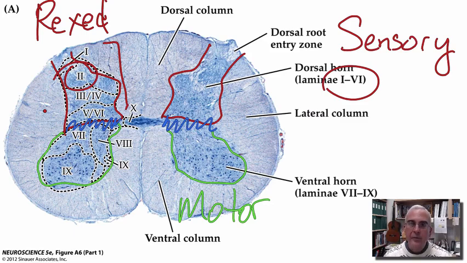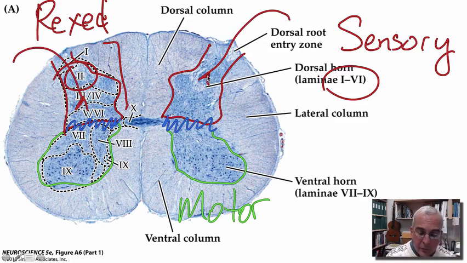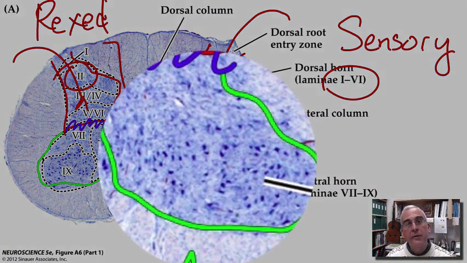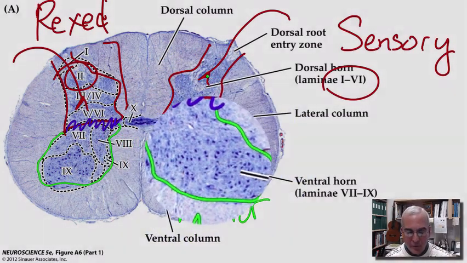For now, I just want you to get the idea that the dorsal horn is gray matter that is receiving incoming sensory signals from nerves that are running in through the dorsal roots and synapsing upon cells in the dorsal horn. Now let's turn our attention to the ventral horn, which is where we find our lower motor neurons, that is the motor neurons that innervate muscle, and the local circuit neurons that coordinate the output of those lower motor neurons.